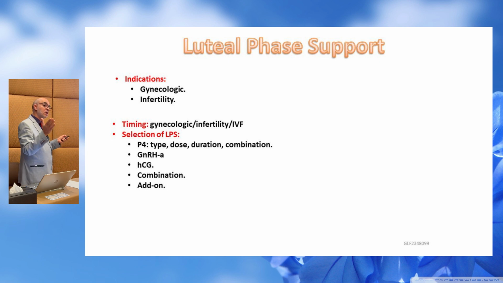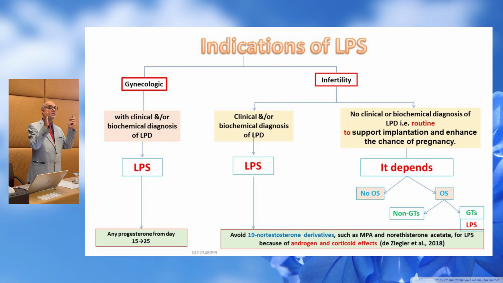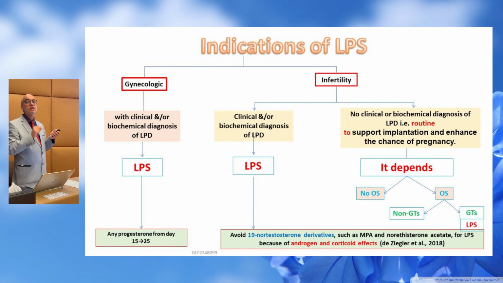Those patients, we can classify them into gynecologic and infertility. In this algorithm, I tried to summarize to you the idea of the published data on the luteal phase support. We have in the clinic of most of us gynecologic cases. Don't ignore gynecologic cases with polymenorrhea, with premenstrual bleeding, with premenstrual spotting.